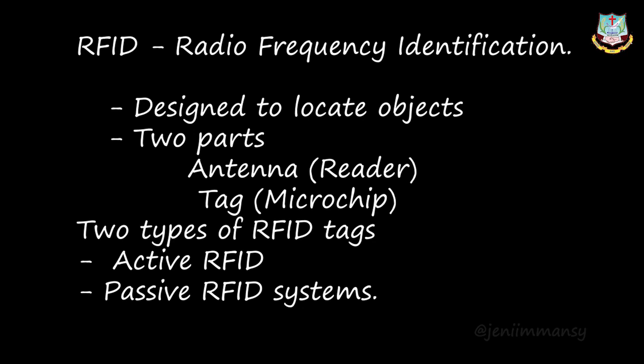This technology is designed to locate objects, such as credit cards, passports, or even livestock, using a radio signal. RFID uses radio waves to read and capture the information stored on a tag attached to the object. When there is an object, it will have an RFID tag.